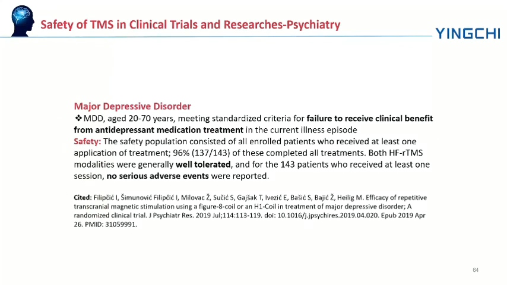For patients with major depressive disorder, the safety of TMS has been shown, and these patients have been well tolerated in the clinical trials, and no serious AEs have been reported.